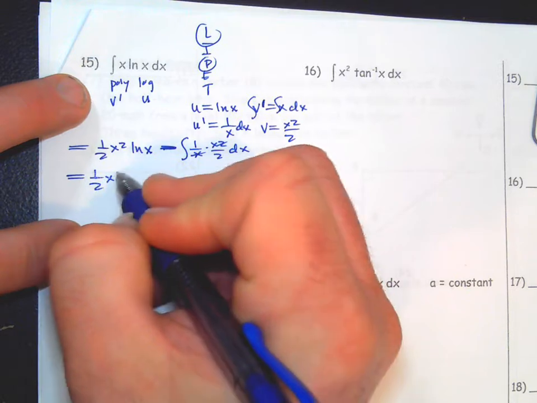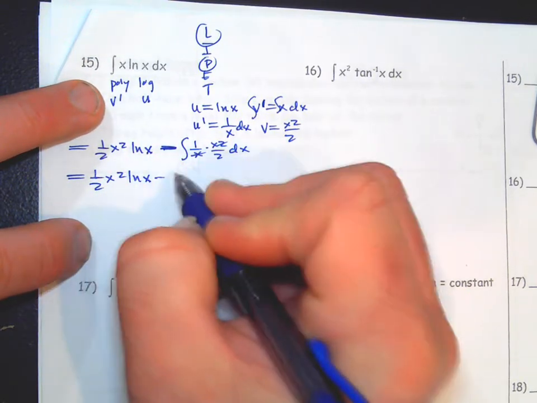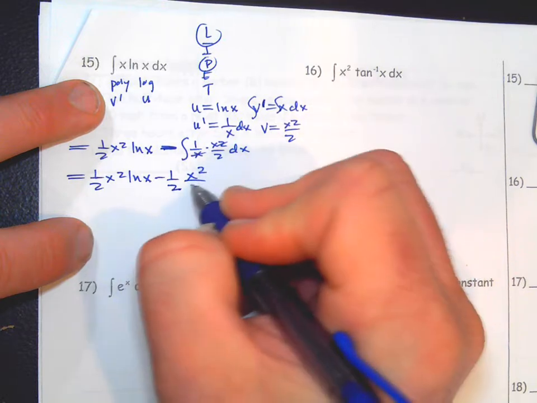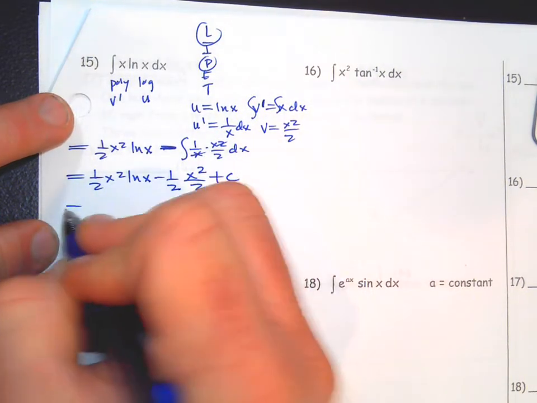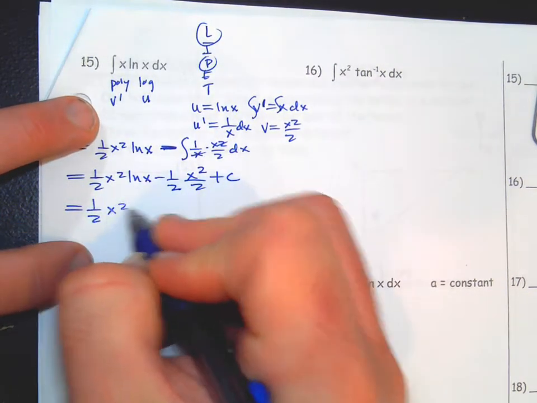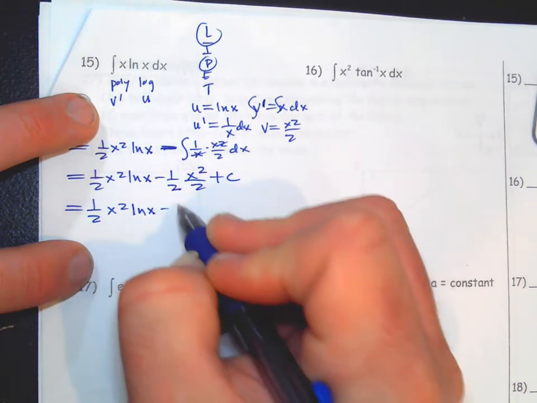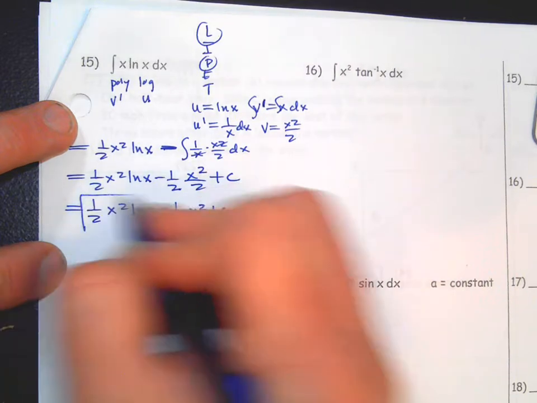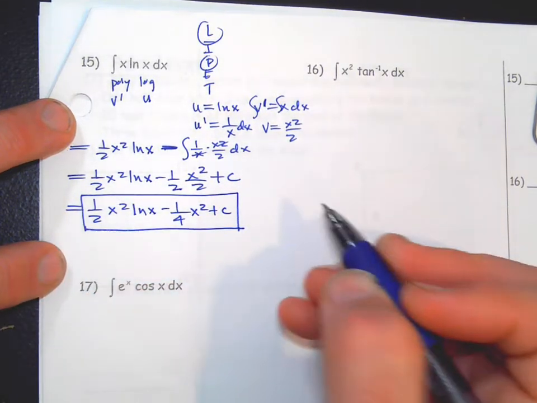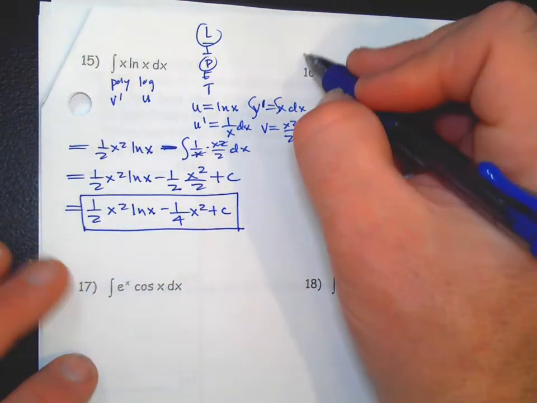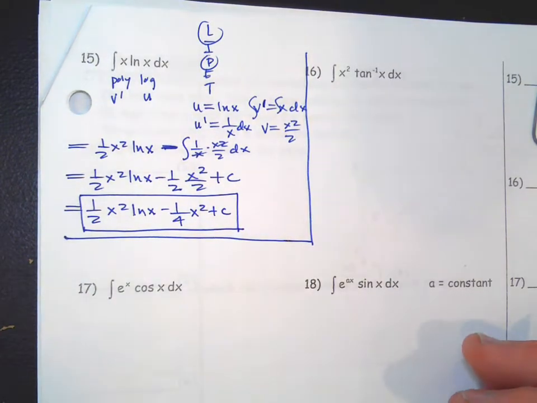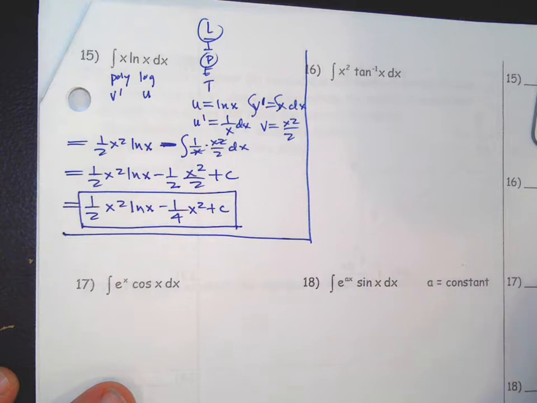So it's 1/2 x squared natural log of x minus 1/2, and then you have an x to the first, so you bump it up 1, divide by the new exponent, plus c. So there we go. That worked.